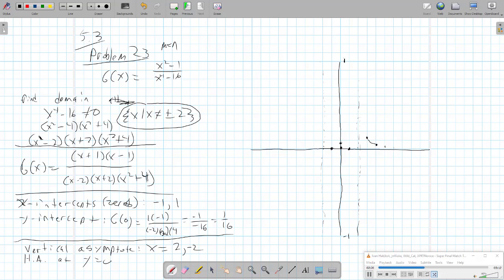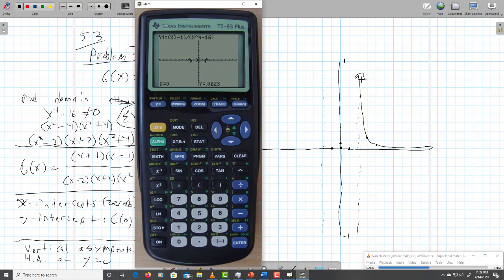So it's going like this. I presume as we get close to the vertical asymptote we're going down, but we'll see. If I plug in, say, 1.5, I get -1/10, a little over -1/10.